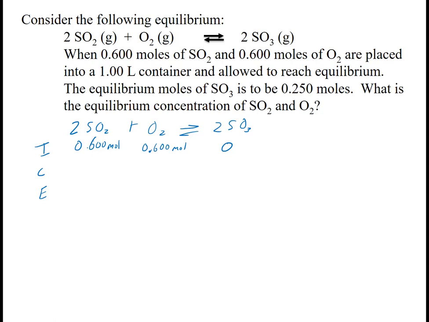Now, change. A reactant, just like we did in kinetics, is negative times the coefficient. And a product is positive times the coefficient.